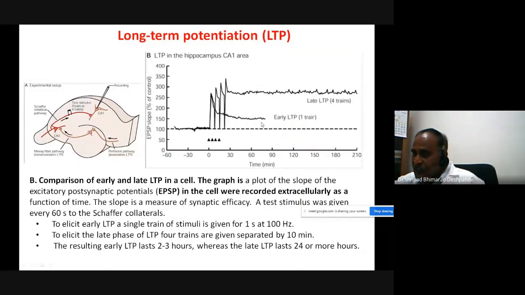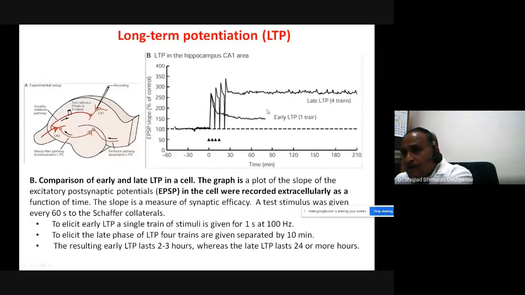So this is an early LTP and a late LTP. The early one lasts for 2 to 3 hours, whereas the late LTP lasts for 24 hours or more.